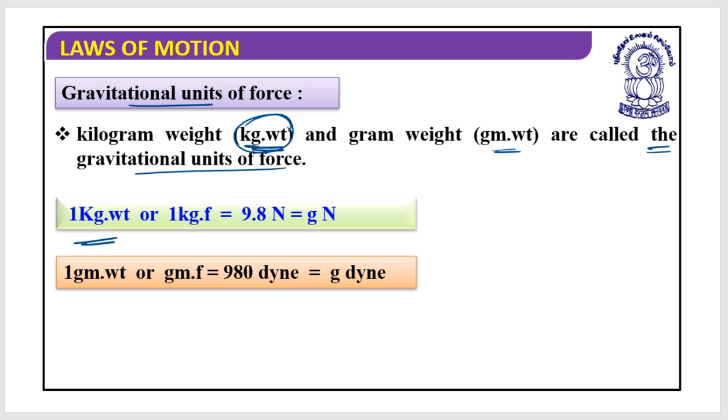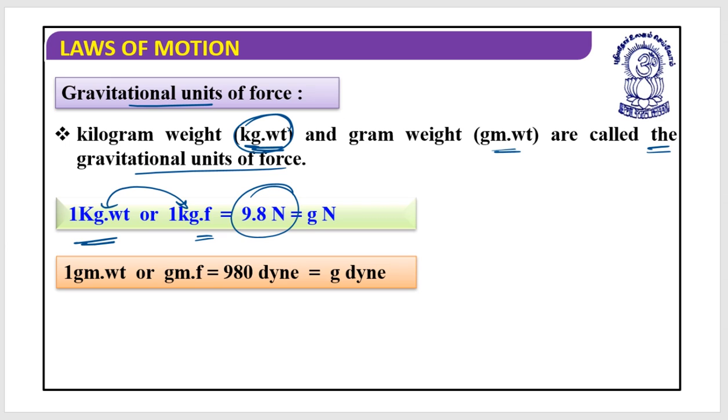So we can say 1 kg weight is equal to 9.8 Newton, or 1 kilogram force. This can be represented both ways: 1 kg weight or 1 kgf, which is equal to 9.8 Newton or g Newton. And 1 gram weight would be equivalent to 980 dyne.